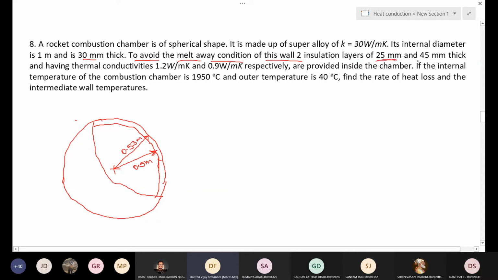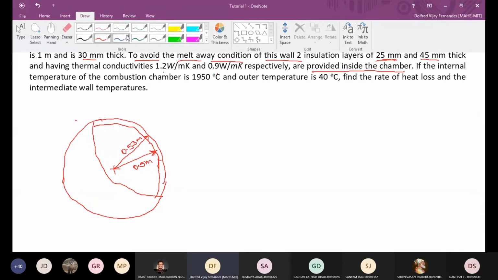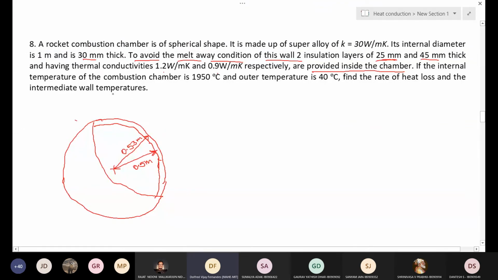One is 25 millimeter, the other is 45 millimeter thick, having thermal conductivities of 1.2 watt per meter Kelvin and 0.9 watt per meter Kelvin respectively. They are provided inside the chamber. Till now, in your problems the insulation was outside the wall, but in this problem the 2 layers of insulation are inside.